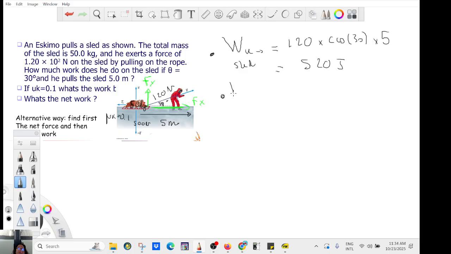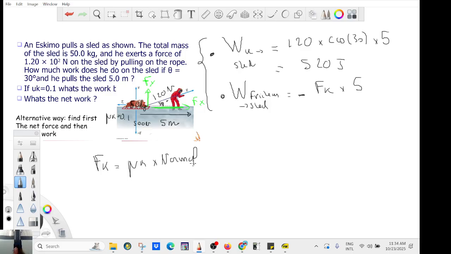Okay, do it. So then we need to find the friction, which is negative, right? It's going to be the kinetic friction times 5. And now we have to go back to the previous unit, because we need to find the frictional force. By definition, the frictional force is the coefficient times the normal force.